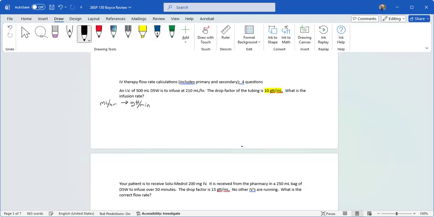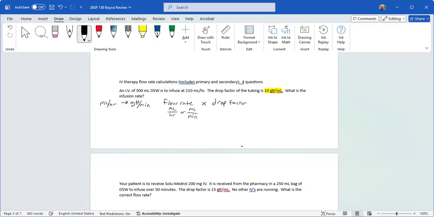There is a formula that you can follow: you take your original flow rate, which is usually mL per hour, but it could be mL per minute, either one of those. You take your flow rate and multiply it by your drop factor.